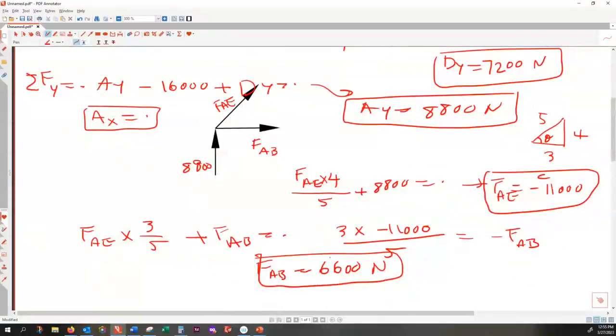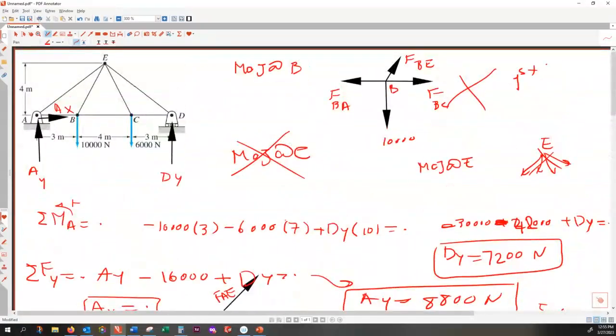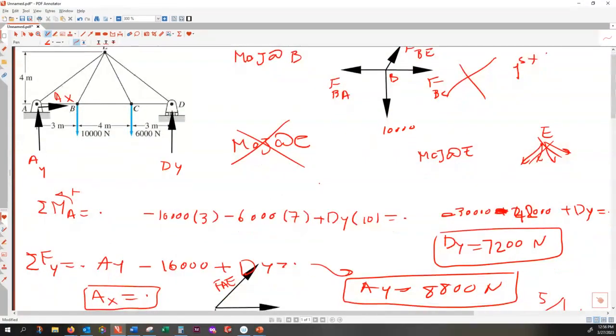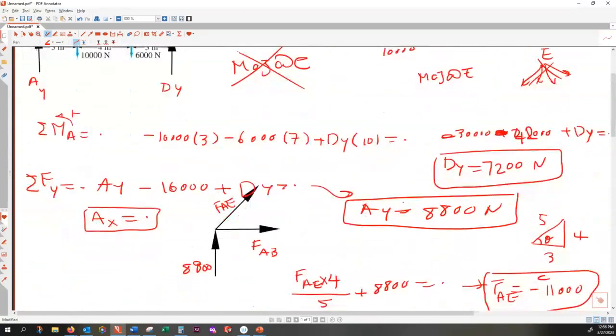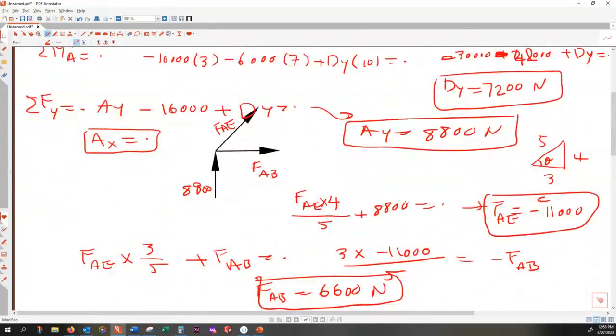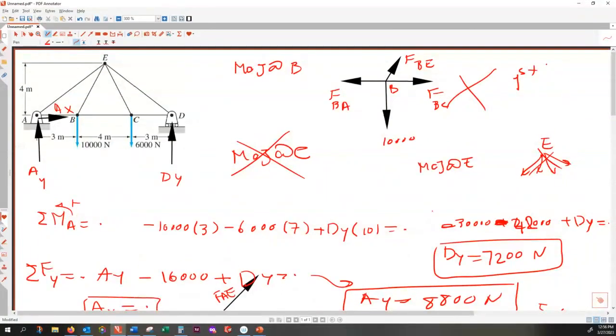All right, so now we can transfer this force to the next node. And with the next node, let me just keep FAB, which is 6,600. So I make some room here, some cleaning.